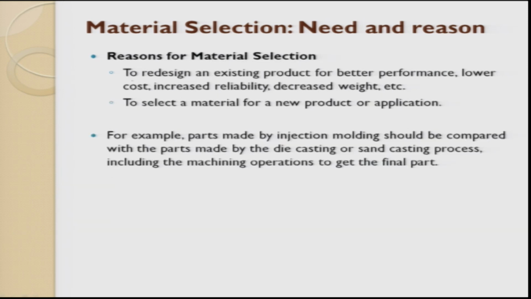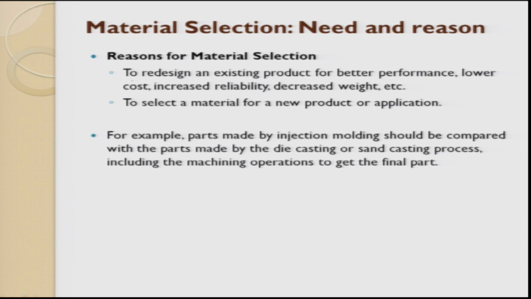The other 2 points which are very important is to redesign an existing product. Whenever a product is made out of a material which is the ultimate, which cannot be recycled, which cannot be reworked, then there is a huge problem in those materials.